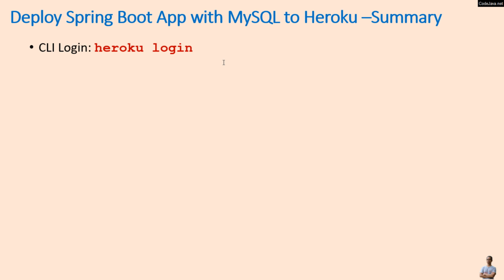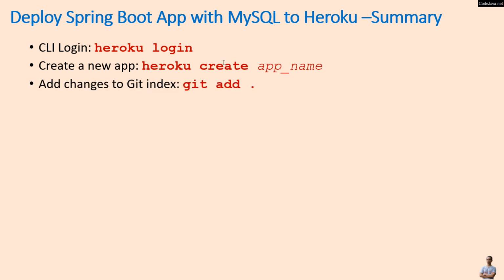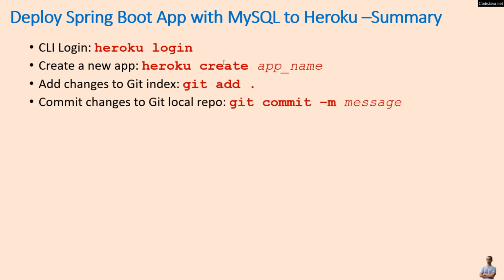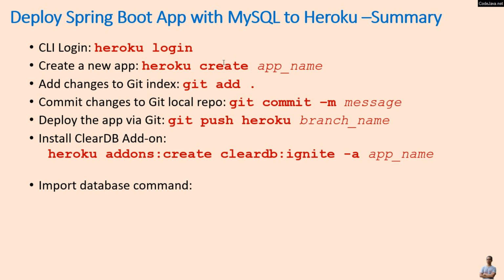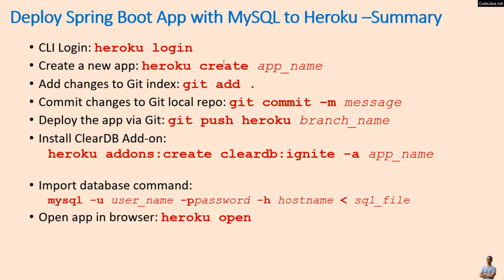First, to log in to Heroku from the CLI, and then the command to create a new app, and the command to add changes to the Git index, and the command to commit changes to the Git local repo, and the command to deploy the app via Git push, and then to install the ClearDB add-on, use this command, and to import the database, use this command, and to open the app in the browser, use this command, and to view the logs of the app, use this command.